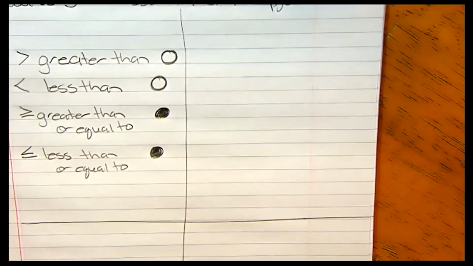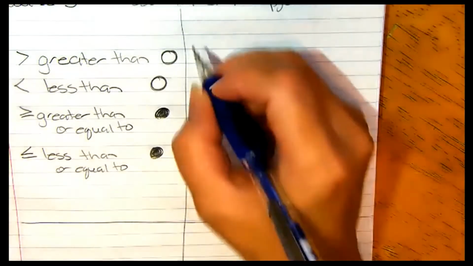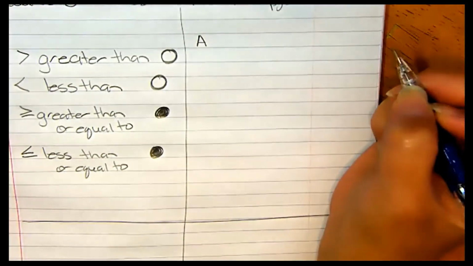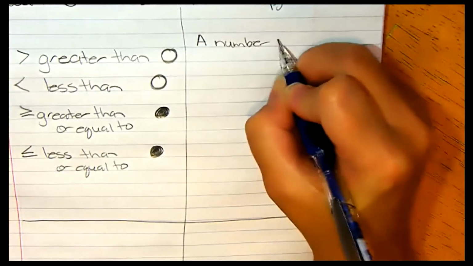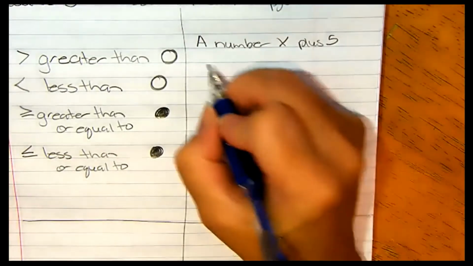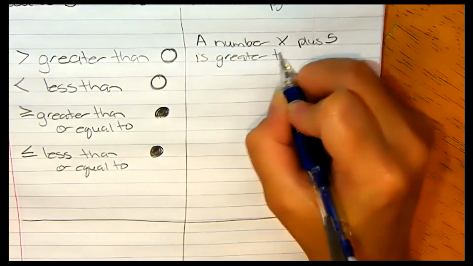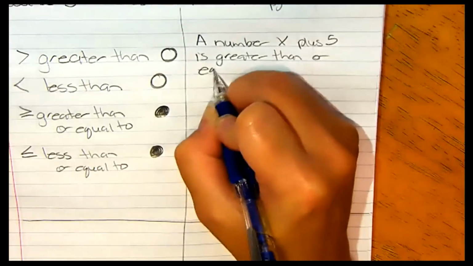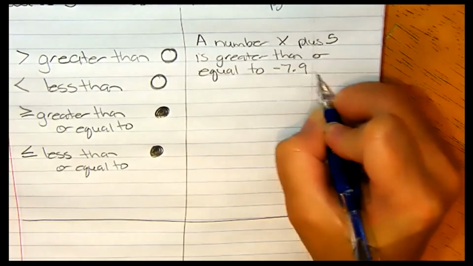So when we're working with inequalities, the first thing we need to do is turn the word sentence into a number sentence. So they'll give us something like this. A number x plus 5 is greater than or equal to negative 7.9.